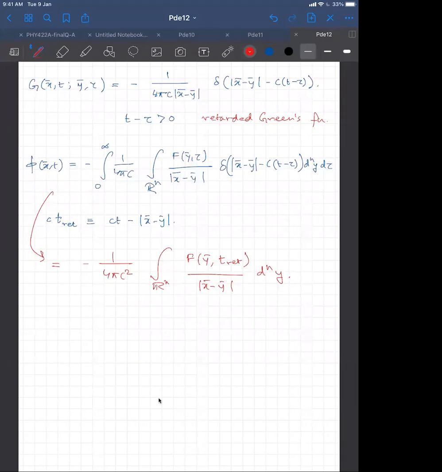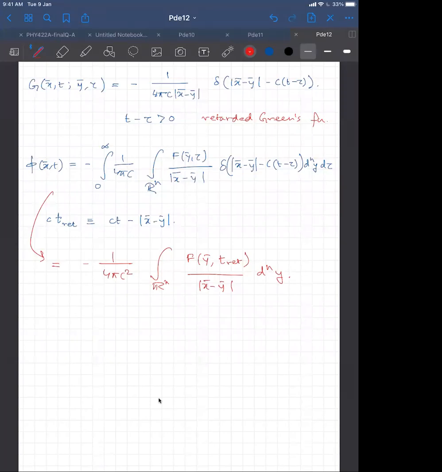This illustrates the fact that there is a finite propagation speed for disturbances that obey the wave equation. The retarded time essentially illustrates this.